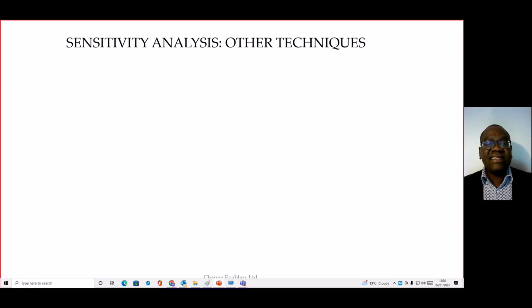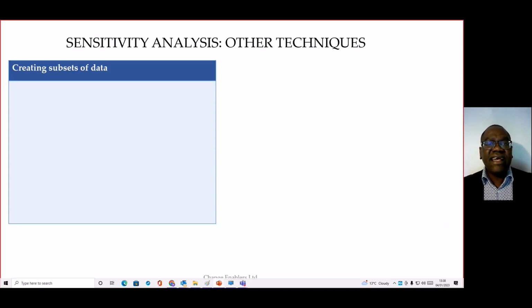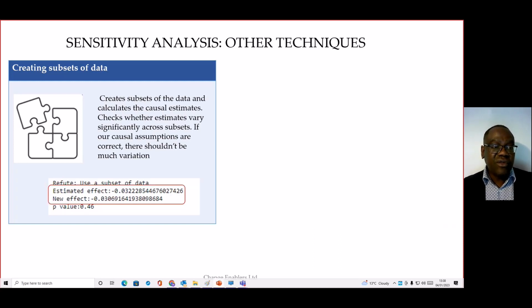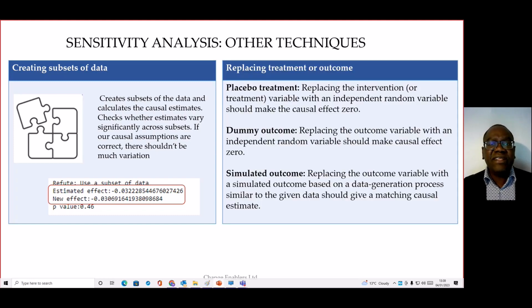Another sensitivity analysis technique involves creating a subset of the data. When we replace a given data set with a randomly selected subset, the estimated effect should not change significantly. And we see from the result there that that's the case. There are other refutation techniques which involve replacing the treatment or intervention with a placebo.